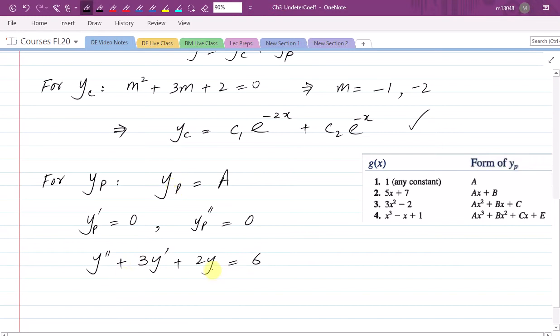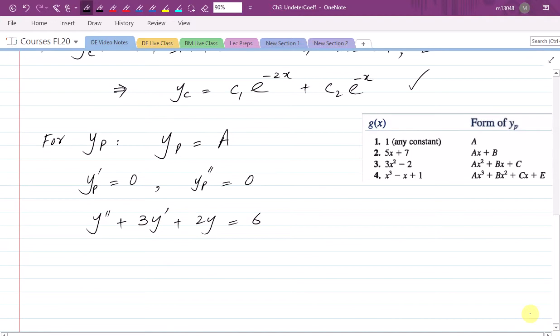We put yp in place of y. Don't worry, p is just an indicator for our solution type. So this is 0, 3 times 0, 2 times a equals 6. That means 2a equals 6 and a equals 3.